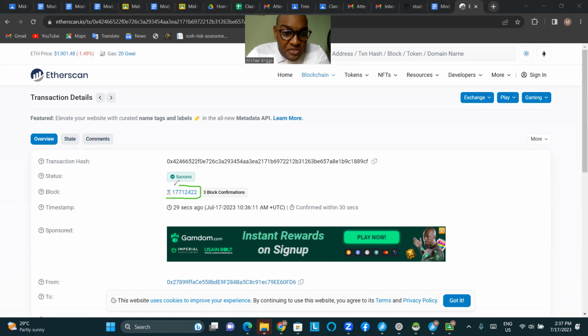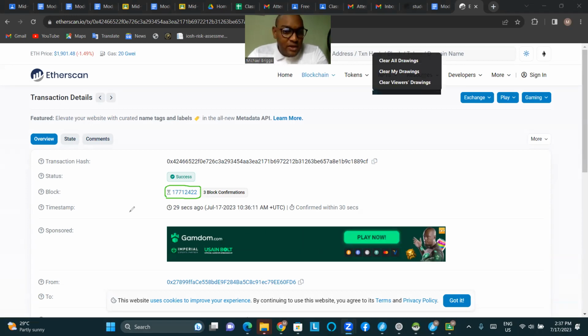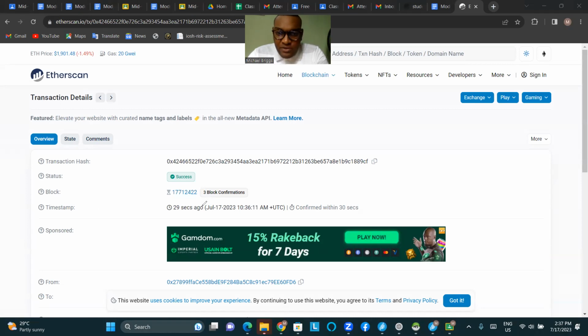Since the inception of Ethereum, this is the 17,712,422nd block that has been added to the Ethereum blockchain.